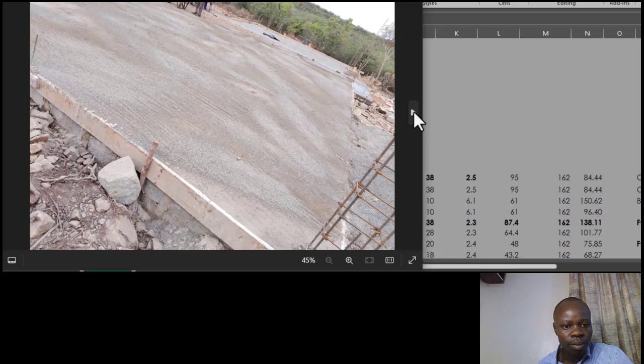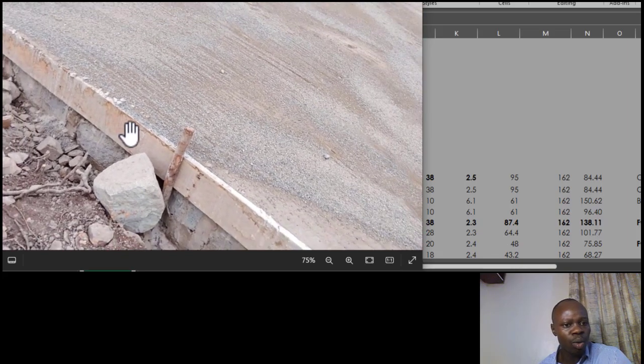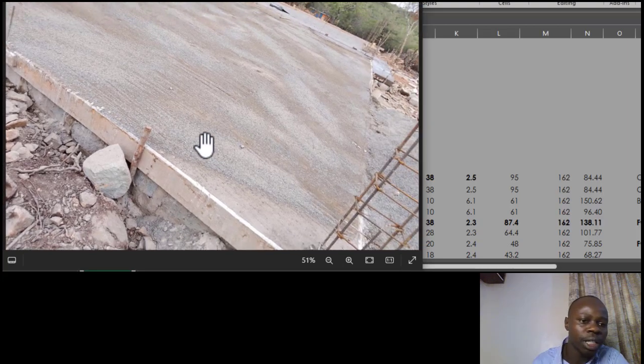In most cases, you will notice that there is always black painting to the outside of the building, just at the side of the slab, and also part of the foundation walling. So that is what we call the plinth.